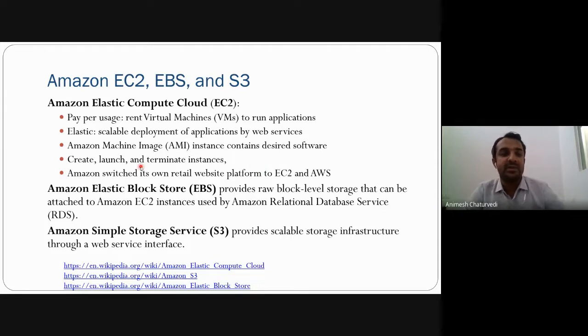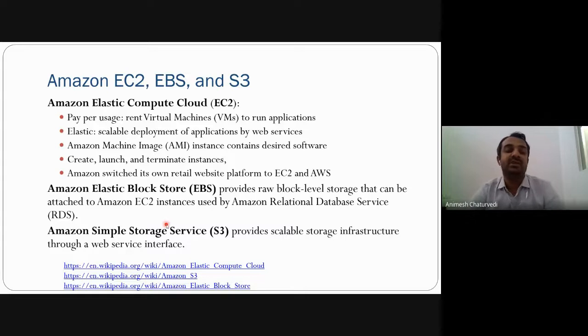Amazon itself switched its own company of buying and selling products, retailing products, onto the EC2 model of Amazon Web Services. So the Amazon retail website that you use to purchase products online itself shifted to EC2, Elastic Compute Cloud.